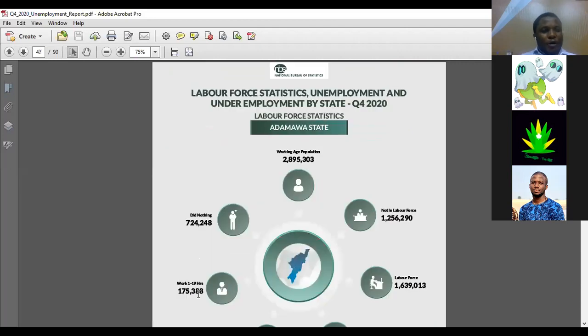All right. So you should have an understanding of the classifications of the level of unemployment that we have in Nigeria, as at the fourth quarter 2020. That's just immediately after the pandemic.